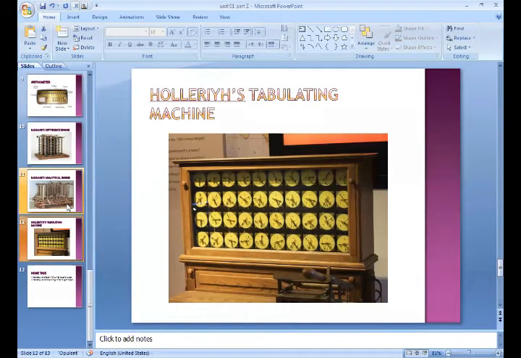His first task was to find a faster way to compute the U.S. Census. The previous census in 1880 had taken nearly 7 years to count, and with the expanding population, it would take 10 years to count the latest census.